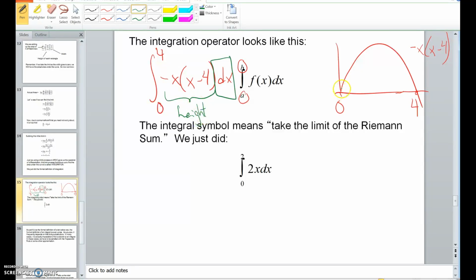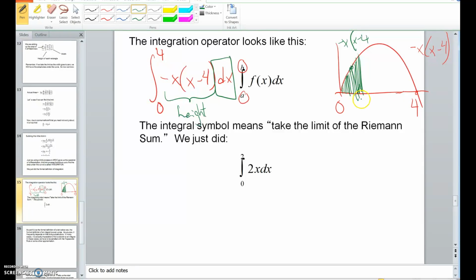If you imagine that we are finding the area under this curve by finding the area of an infinite number of infinitely skinny rectangles, then what we're doing is just finding the height at each one of these points. The height at each one of these points is negative x times x minus 4. Okay. So we're basically finding each value of this function in between 0 and 4 and adding them up.